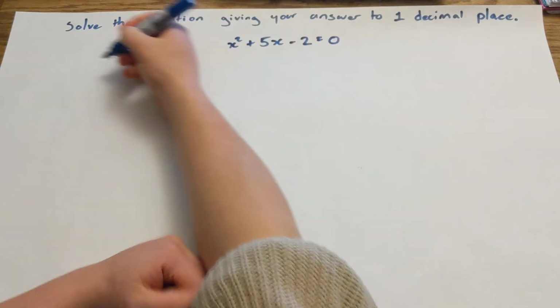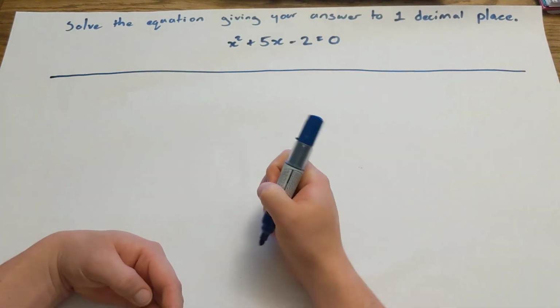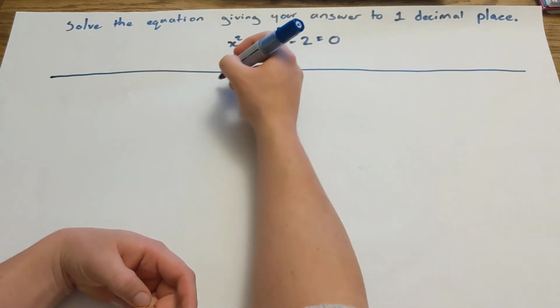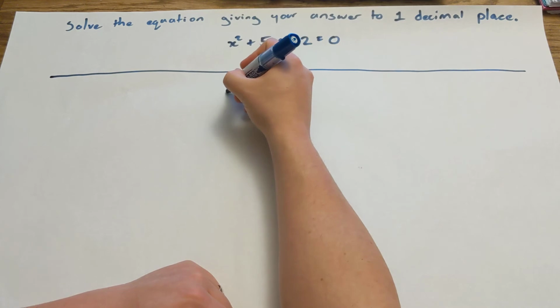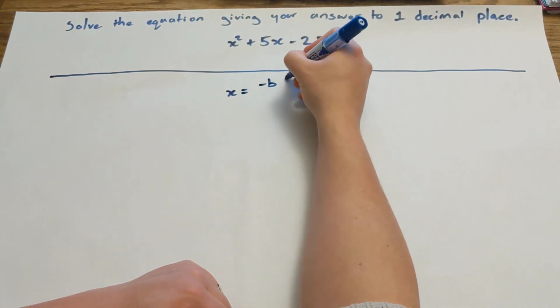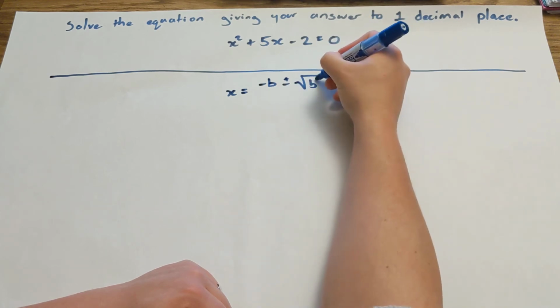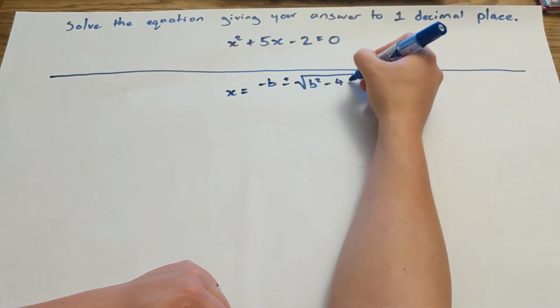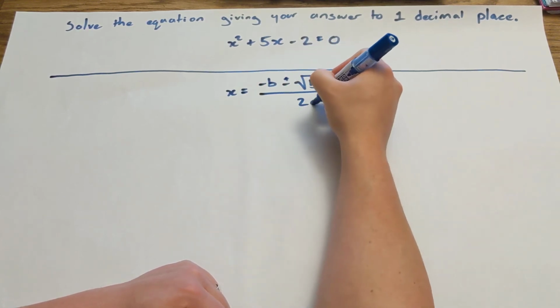So, let's start by writing down what our quadratic formula is, okay? Again, you are given this, so you don't need to remember it yourself. Okay, so it's x equals negative b plus or minus the square root of b squared minus 4ac all over 2a.